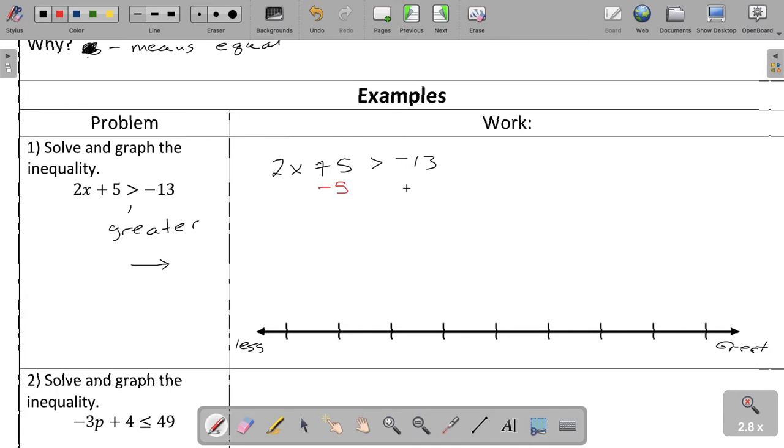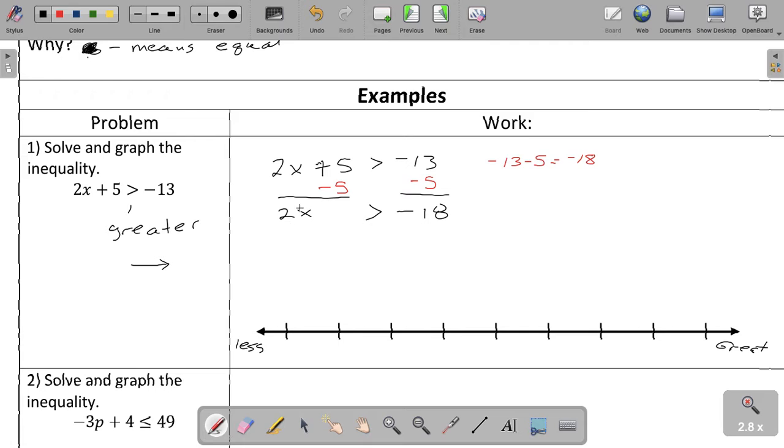So I'm going to minus 5 and I'm going to minus 5. Negative 13 minus 5 is negative 18. We'll put the equal bar underneath these two. When I combine those two, we have 0. I'm left with 2x greater than negative 18.